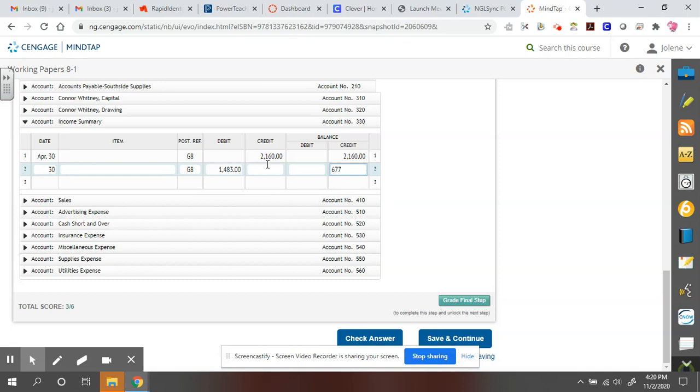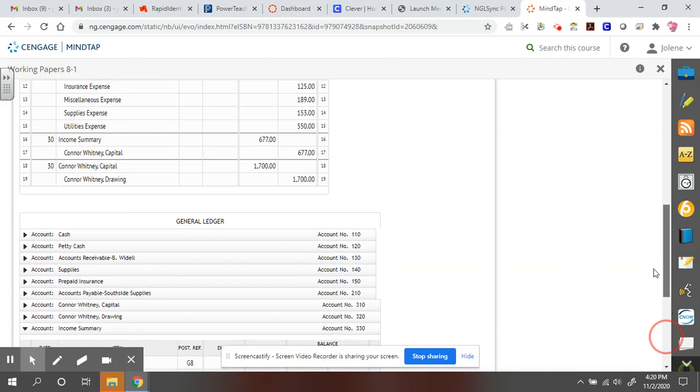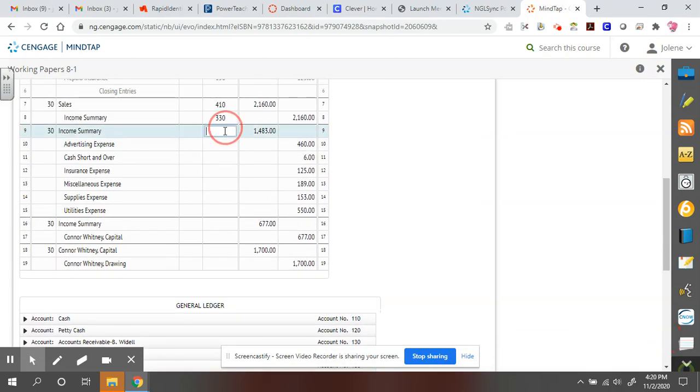And the remainder is $677. And I know we just saw that a minute ago. So here's income summary. We just finished that posting. Account number 330. Got to take it up here. 330.